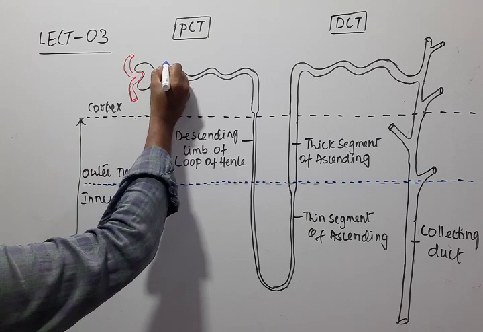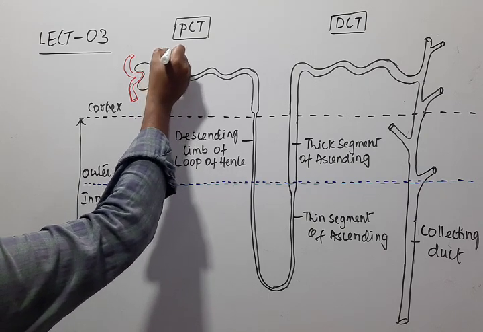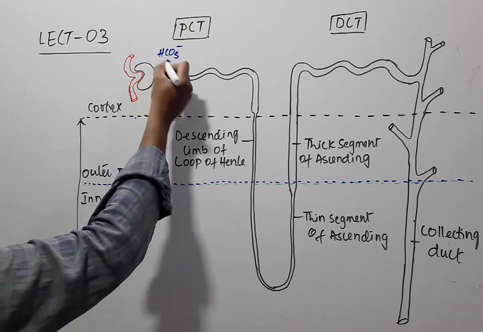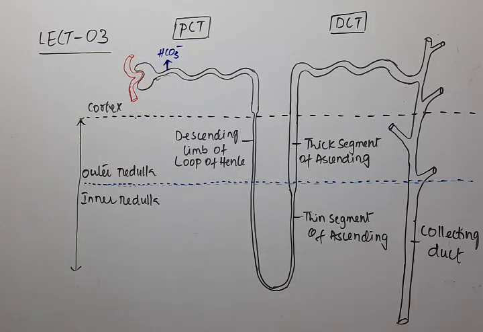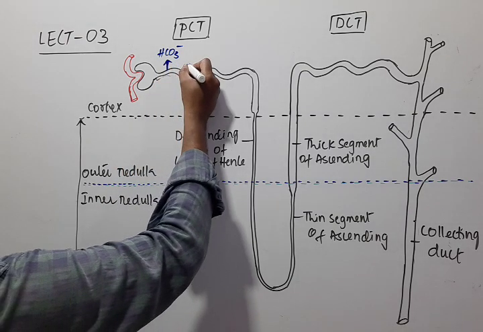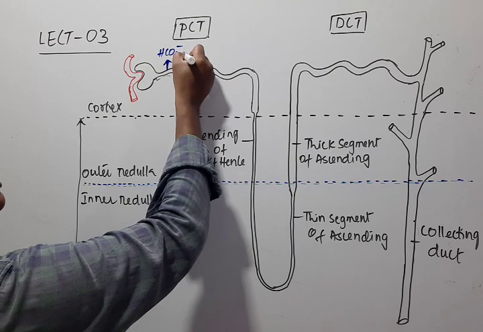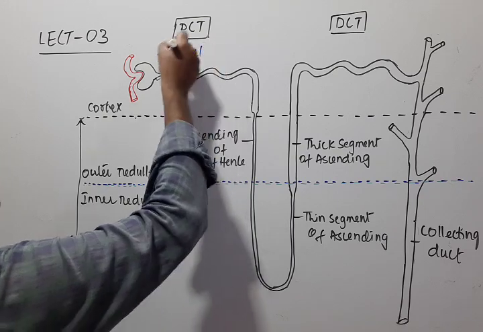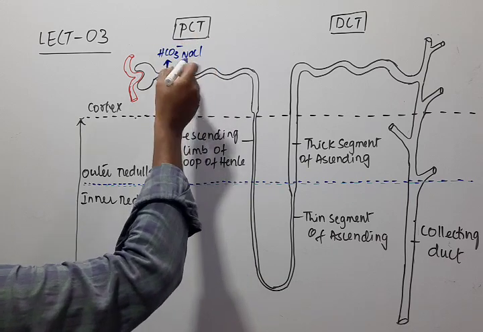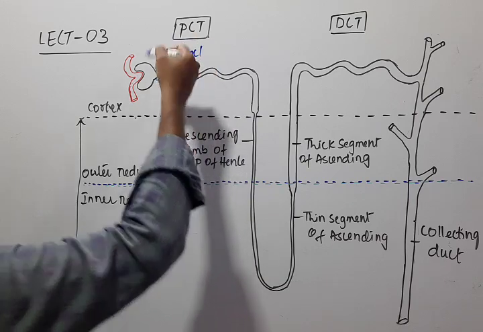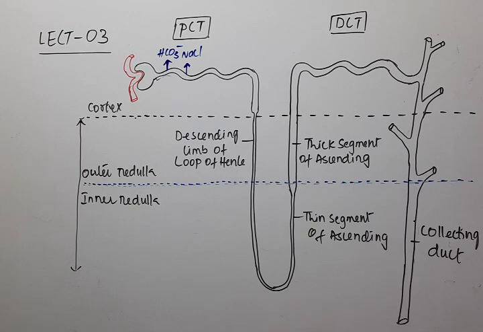This arrow indicates the absorption of the bicarbonates from the PCT region, and from the PCT it also absorbs sodium chloride. When I put the arrow this way, it is absorbed from the proximal convoluted tubule into the blood circulation.